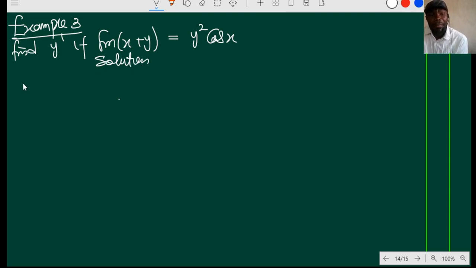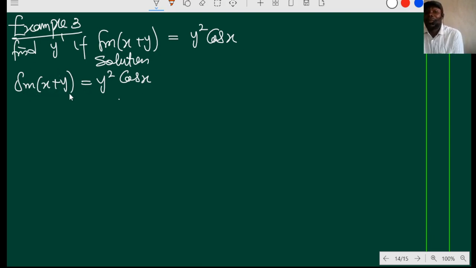So to get y prime, we have sine of x plus y equal to y squared cos x. By applying the chain rule, you will not differentiate the inner part. You differentiate sine theta to give you cos of x plus y.